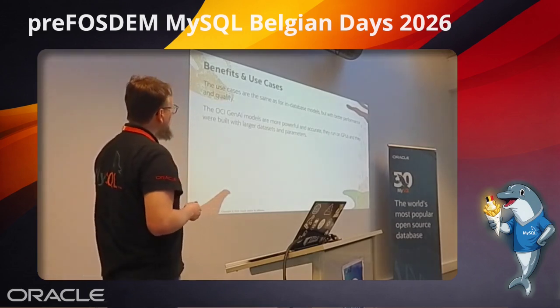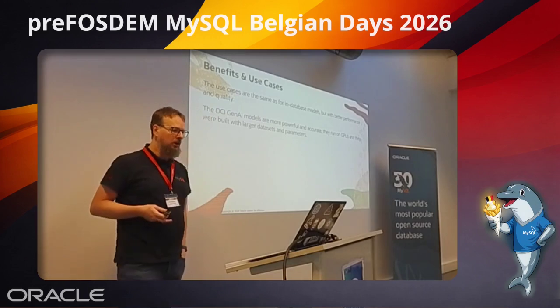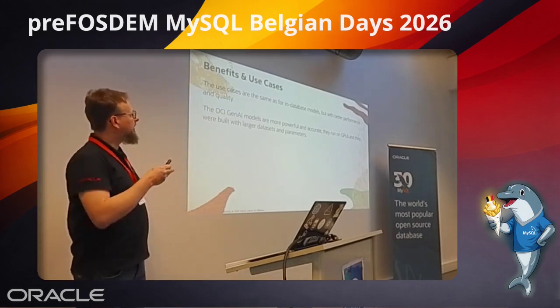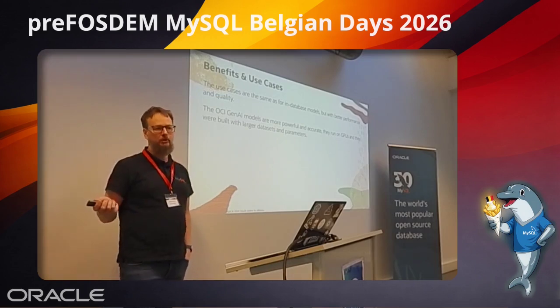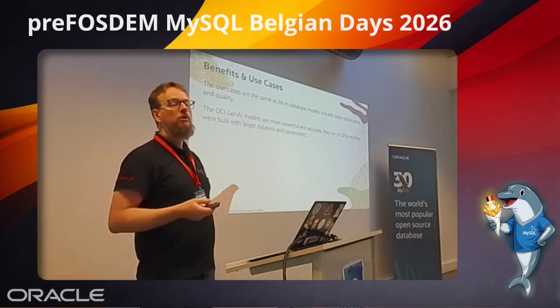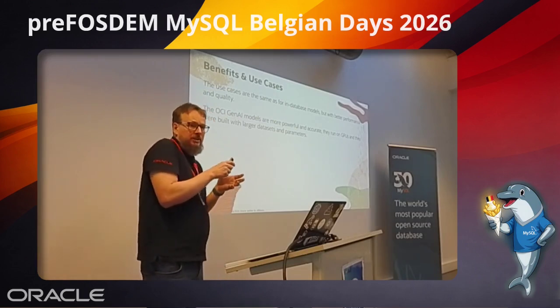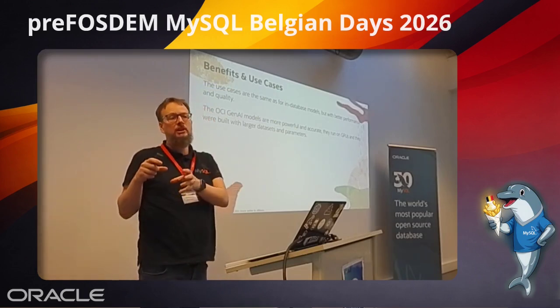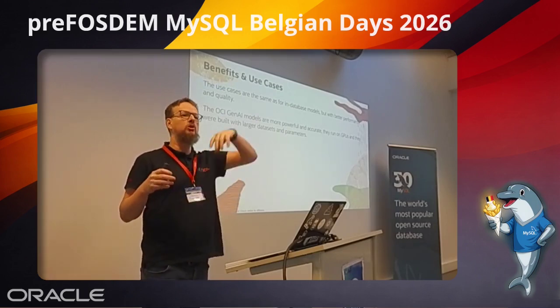Of course, the use case for using this compared to the in-database model is just better performance and quality. Your data will go from the database to the service, and from the service to the database. It's private. It doesn't go to the internet.